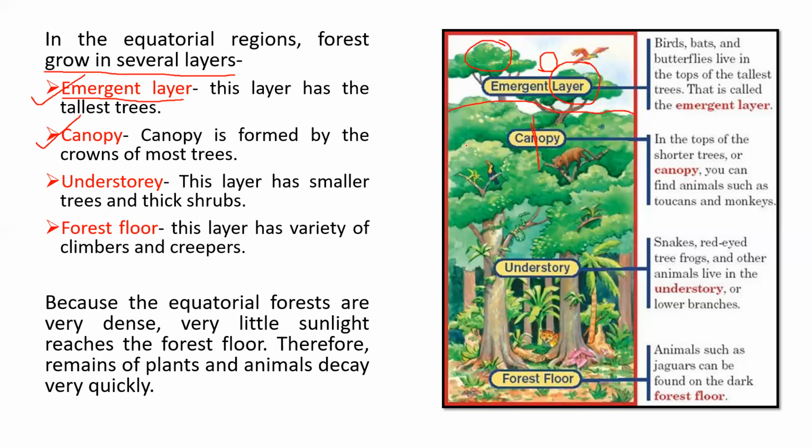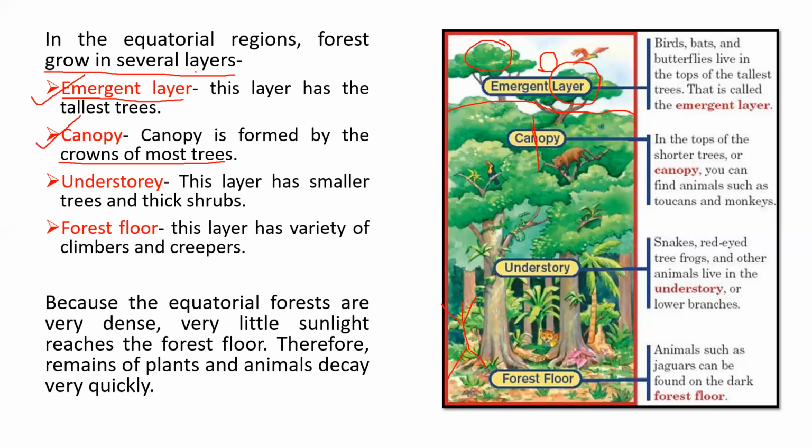But the canopy, the trees grow so closely that they cover the entire sky. If you're standing here, suppose, you will not be able to see the sky. They are so dense. So that is what canopy is. It is formed by the crowns of most trees. So the maximum number of trees are this tall, and they kind of shelter the forest.